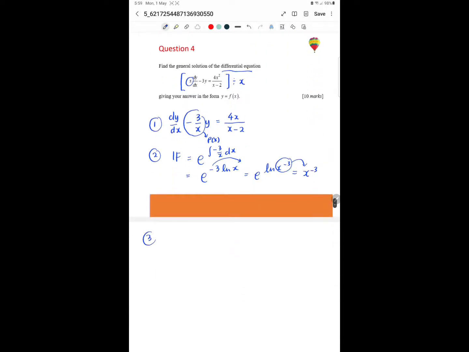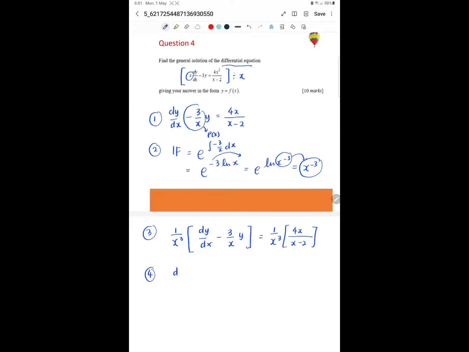Third step is to multiply by the integrating factor. This one we write as 1 over x power of 3, multiply with the standard form, dy dx minus 3 over x y, then we write as product d dx of integrating factor times y.